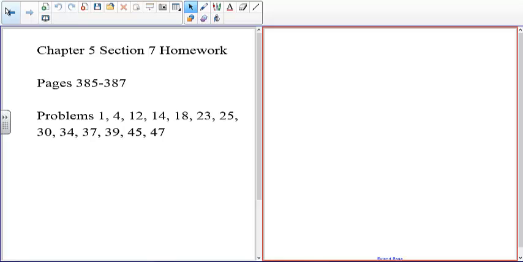And I said incorrectly yesterday that section 6 was the last section. Section 7 is the last section. There are 8 sections in chapter 5. We're not going to do section 8. We don't have time this semester.